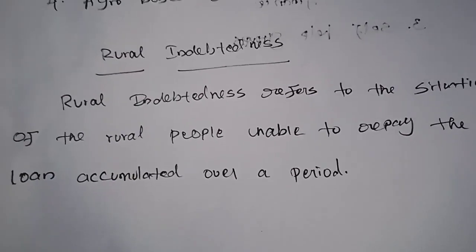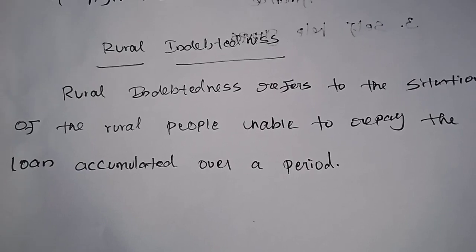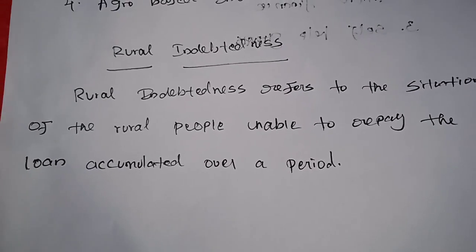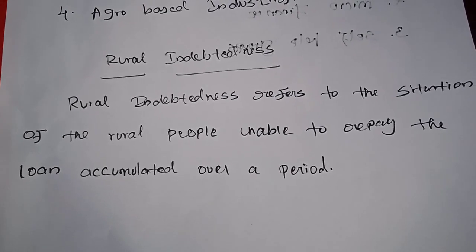If these natural factors fail, the farmer also fails to earn more money, and because of that they are unable to repay the money borrowed from the local money lenders and the financial institutions.